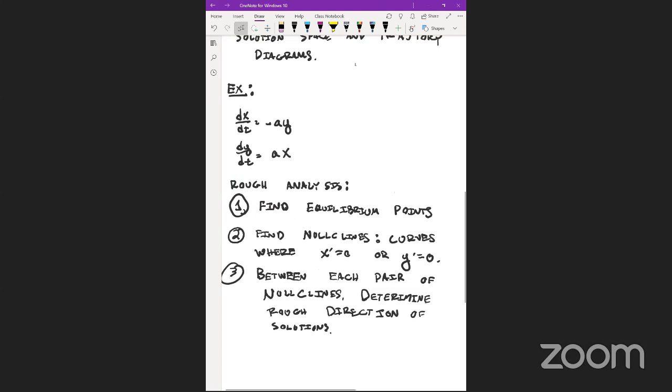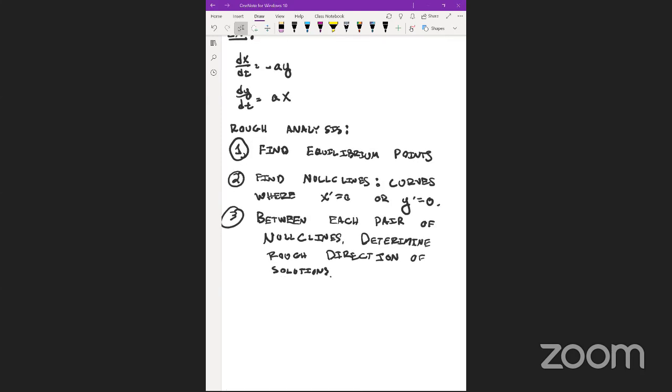Okay, so in this case, what is the equilibrium point? There's a single equilibrium point. The equilibrium points are when x prime equals 0 and y prime equals 0.